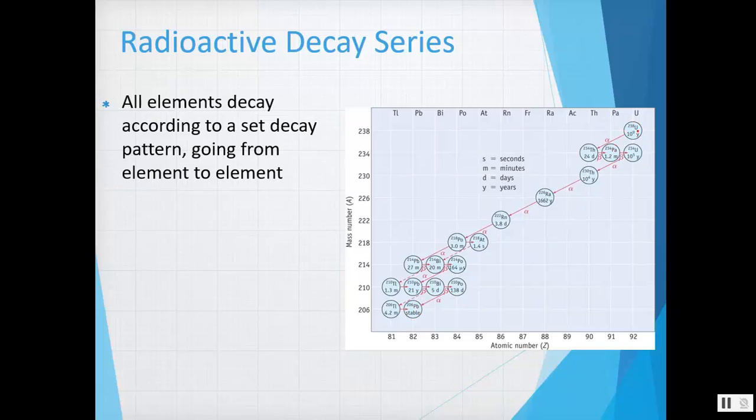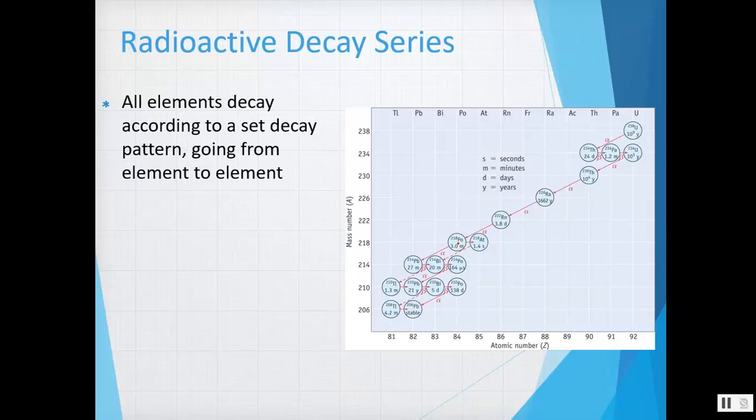So here where we start with uranium-238, that uranium-238 can undergo alpha emission, giving us thorium-234, and then that thorium-234 can undergo a series of beta decays, eventually giving us uranium-234, which can then undergo a series of alpha decays to give us polonium-218, and again, et cetera, et cetera.